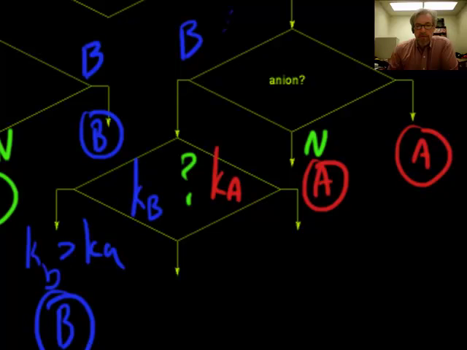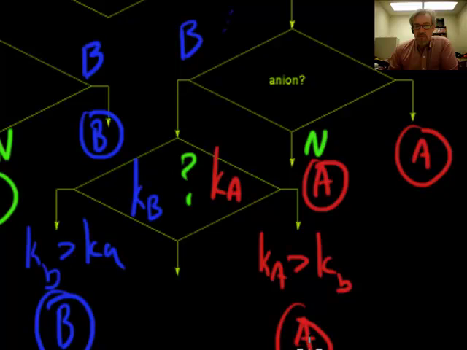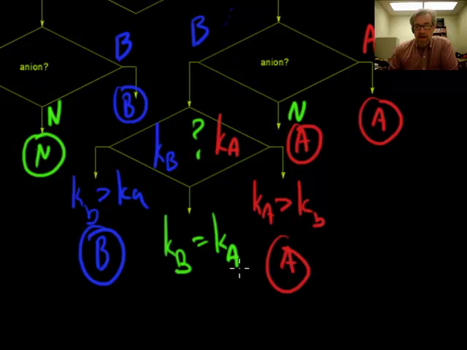Another possibility is that Ka is larger than Kb. In that case, we will end up with an acidic solution, because what it means really is that we have a stronger weak acid than we have a weak base in the solution. The third possibility is that Kb and Ka happen to have the same exact value, and that would result in a neutral solution.